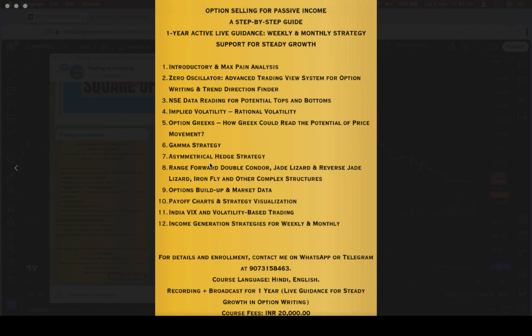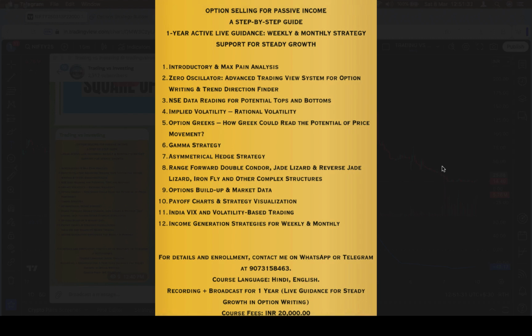This gamma strategy will be very helpful for option buyers in intraday. Then the asymmetrical hedge strategy, with which you can make a good amount of profit. Asymmetrical hedge is a professional strategy where you take benefit of the future. And there are other strategies like the range forward, option build-up data, and payoff charts.